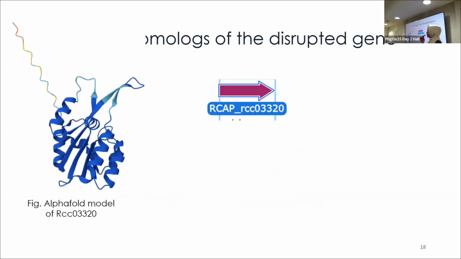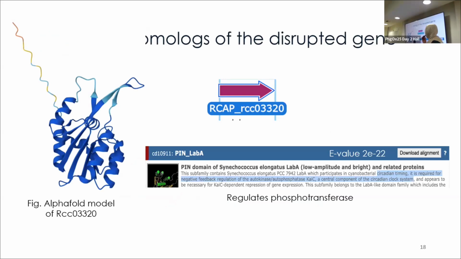And this is an AlphaFold model of the gene. And when we ran this on HHpred, this was the top hit, which is the LabA protein from the cyanobacteria Synechococcus elongatus. And this LabA protein regulates the phosphotransferase CikA, and these are all part of the circadian rhythm of the cyanobacteria.